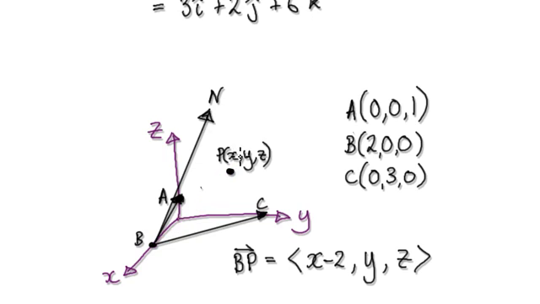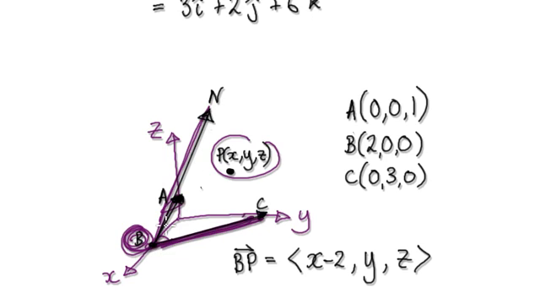Because if you just simply use X, Y, and Z, that's from the origin to there. But B is our center of the universe. We centered everything from B, because we set up our vector from B to C and from B to A. So everything's centered at B. So even the normal line here is centered at B. So we need to center everything at B.